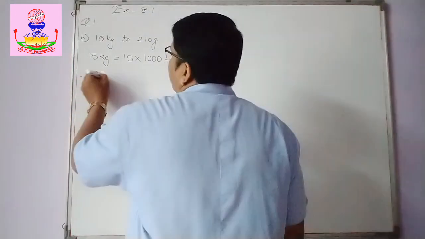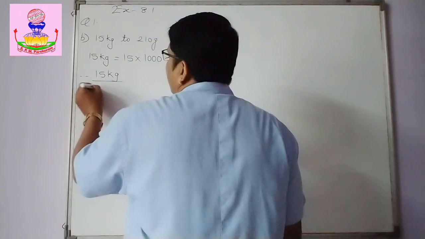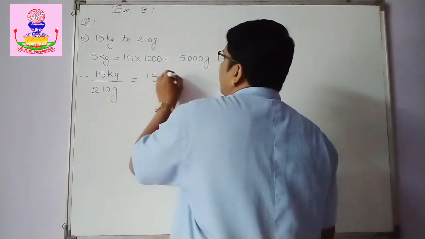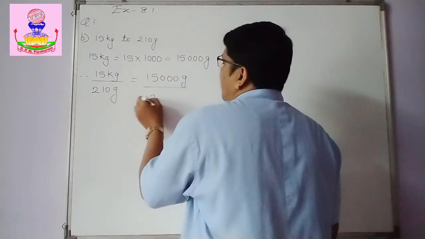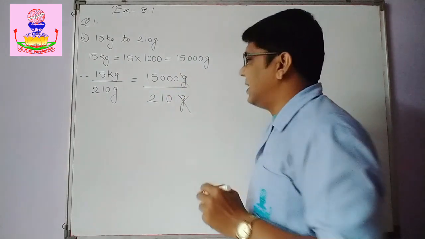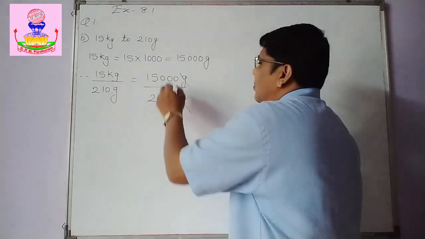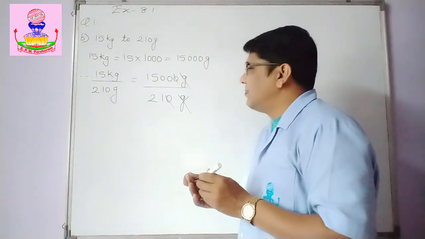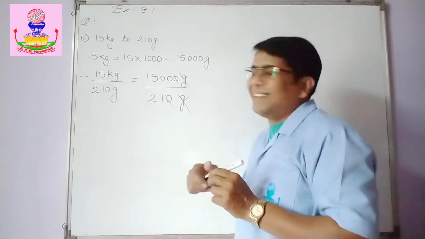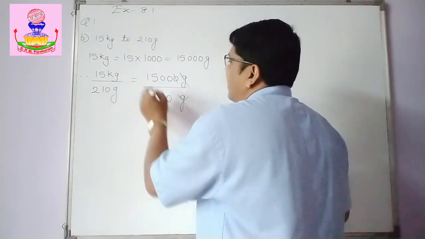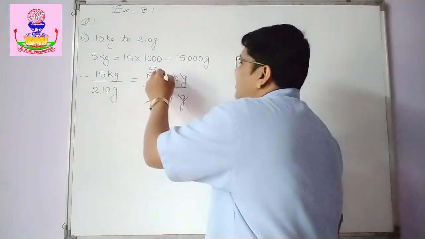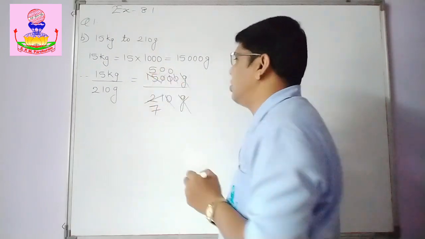So 15 kg upon 210 grams is equal to 15,000 grams upon 210 grams. So these grams will get cancelled. 1 zero gets cancelled. Now table of 3. 3 sevens are 21. 3 fives are 15. 3 zeros are 0. 3 zeros are 0.